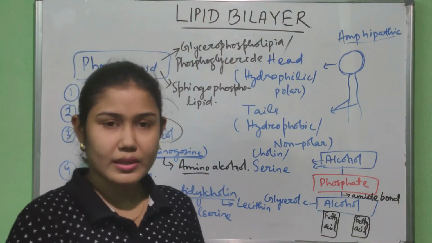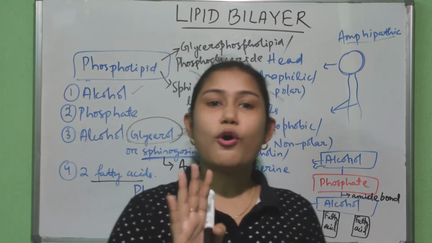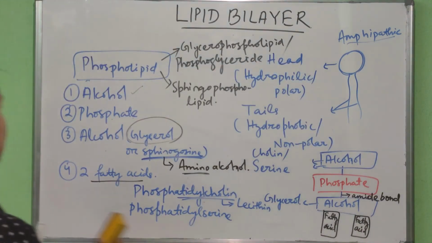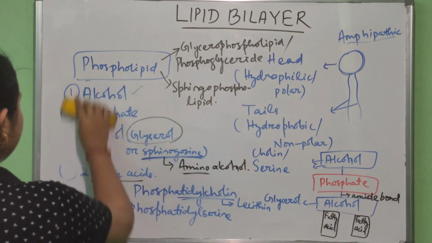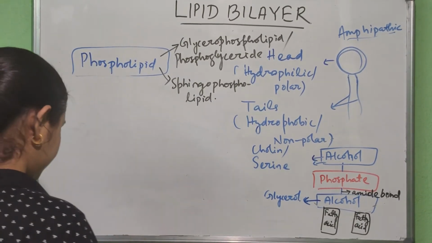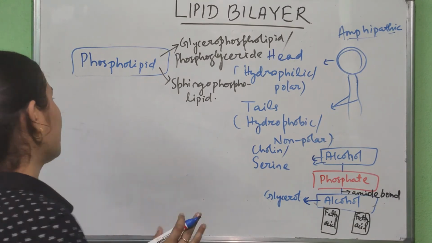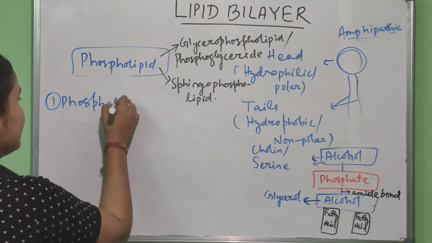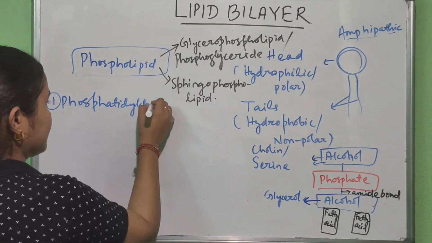Now, in animal cells, mainly there are 4 types of phospholipids found. So, let's discuss them. The first one is phosphatidyl choline.